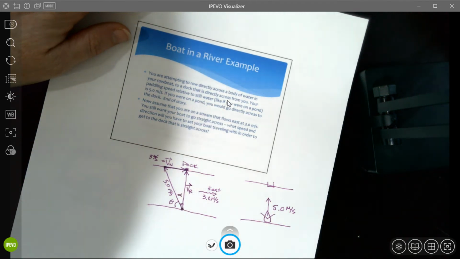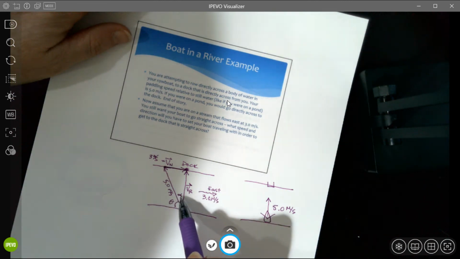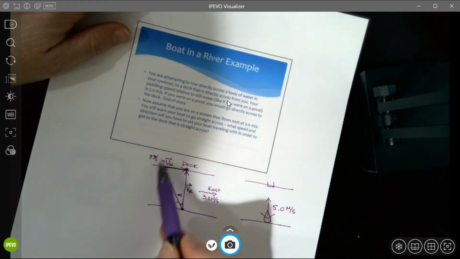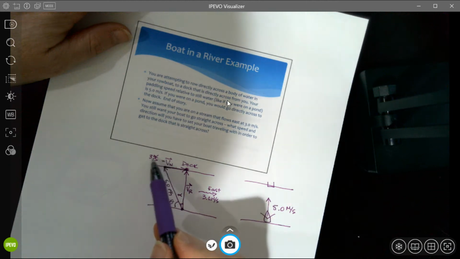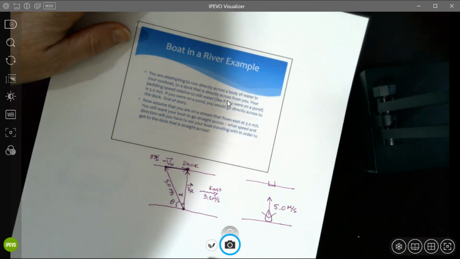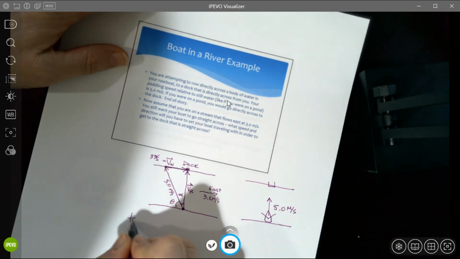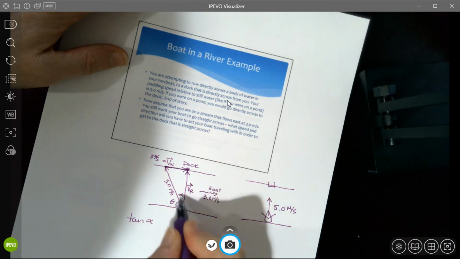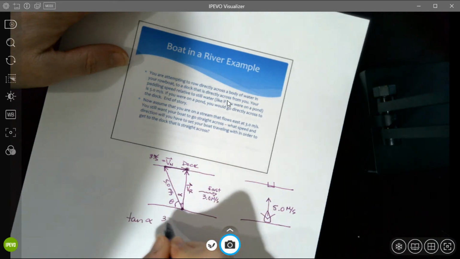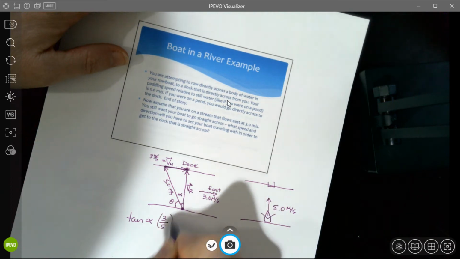So now how am I going to do that? Well, I have an angle that I want to find, and I have my opposite side I know the length of. It's 3 meters per second, so this vector represents speed, and I know my hypotenuse. So I'm going to find the angle right away. Tan alpha is 3 meters per second divided by 5 meters per second.